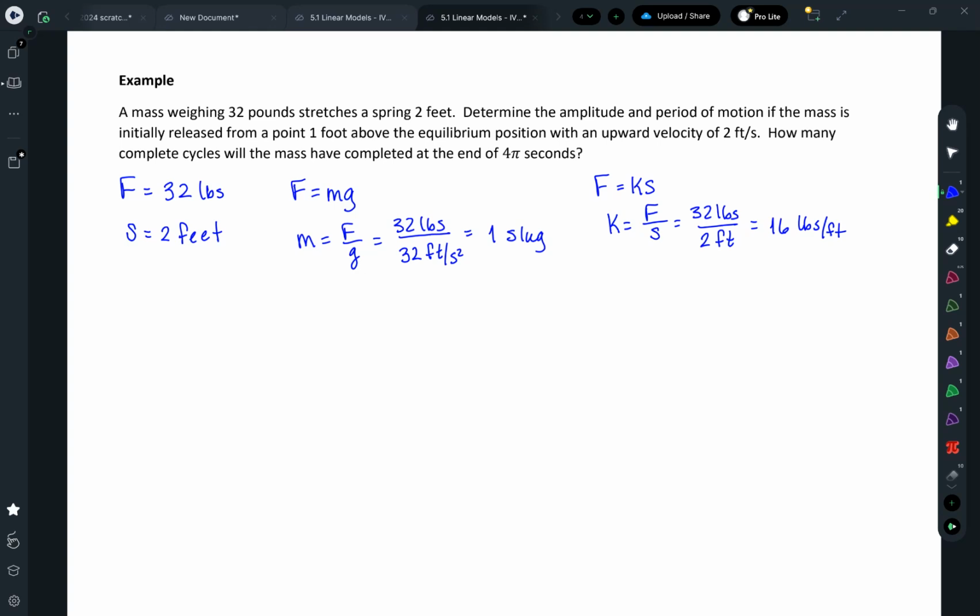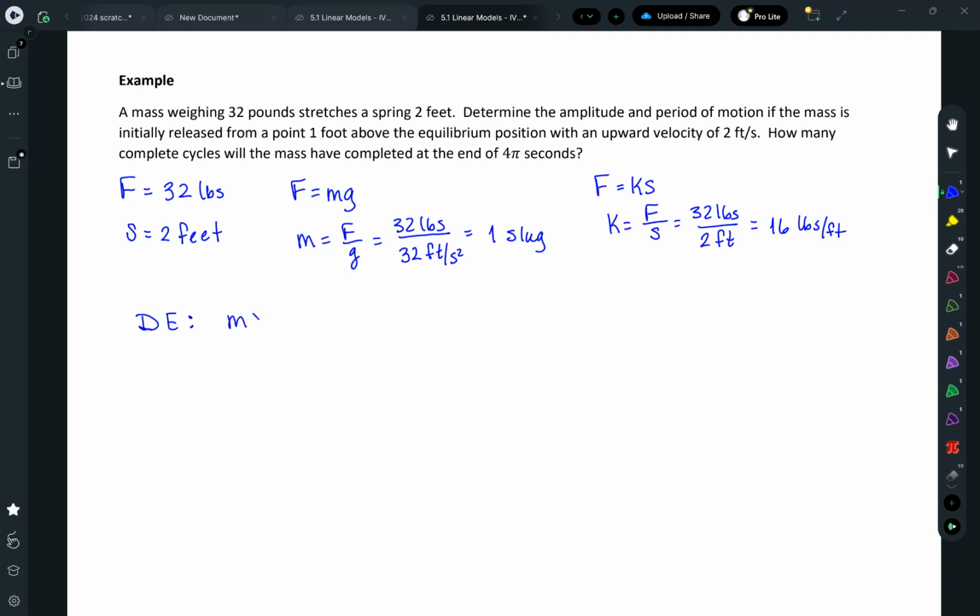Okay? And so at this point, the differential equation, notice I haven't even gotten to anything else in the problem yet. What they gave me in the first sentence was enough to do a lot. In my differential equation, I'm going to use the form that's good for both damped and undamped.